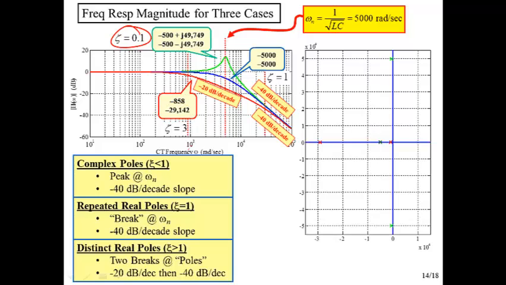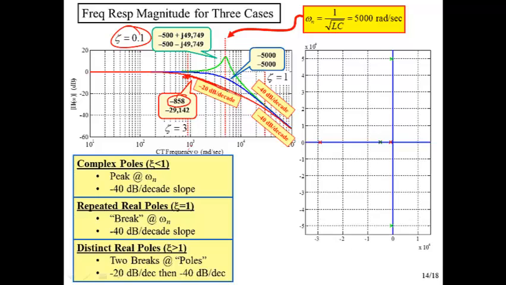We can think of this as being the cascade of two first order systems, and so that first pole at 858 is pretty close. Well, that's where I have this red line, and we can see that we get a minus 3 dB point there.